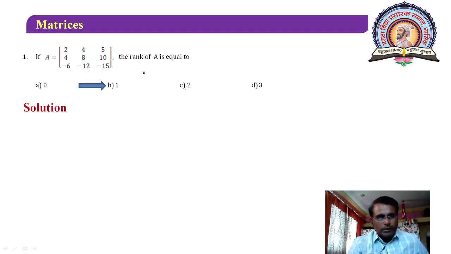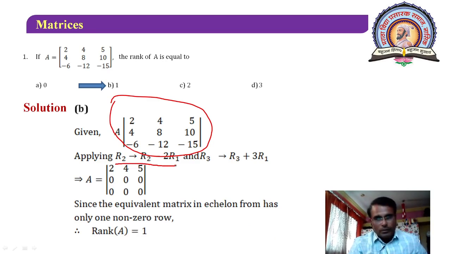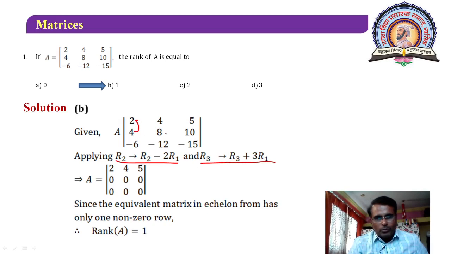Here, if you consider the solution, you will observe that this is matrix A. Okay, then on this matrix A, consider the transformation R2 is equal to R2 minus 2R1, and R3 is equal to R3 plus 3R1. So, what happens? 4 minus 4 is 0, 8 minus 8 is 0, 10 minus 10 is 0, minus 6 plus 6 is 0, minus 12 plus 12 is 0, minus 15 plus 15 is 0.